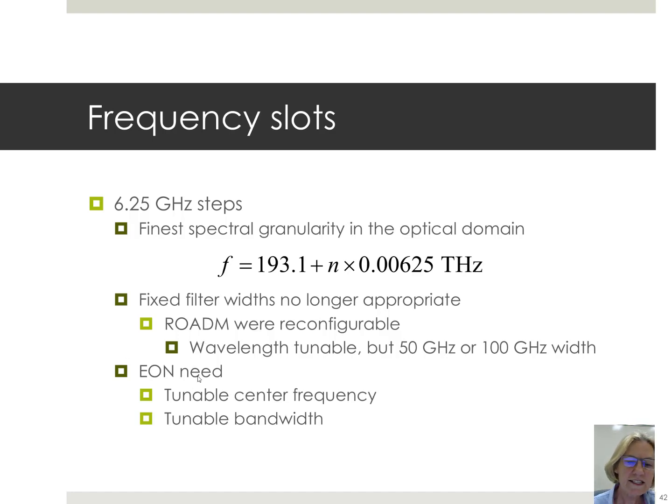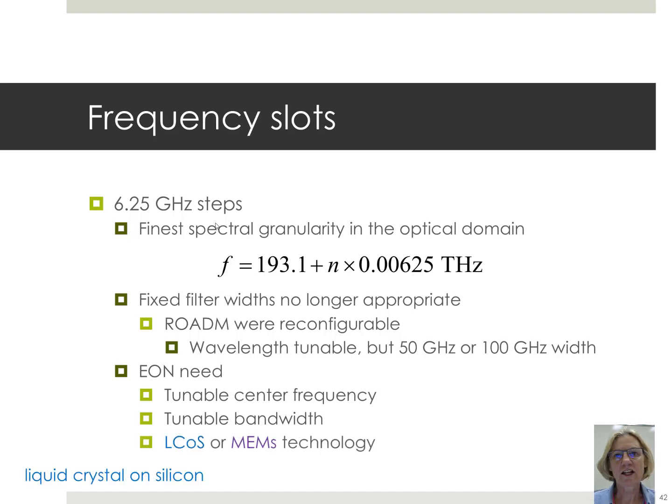When we move to the elastic optical networks, now we need some sort of unit with a switching unit which has a tunable center frequency but also has a tunable bandwidth. And of course that tunability has got to be much finer with this new gridless system. It's still a grid, but a much finer grid.